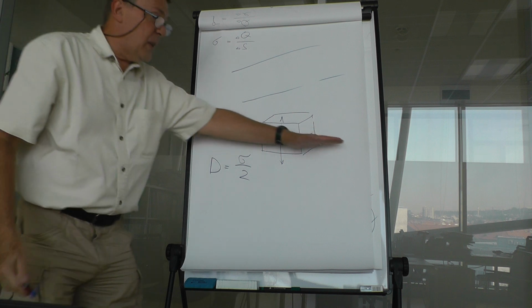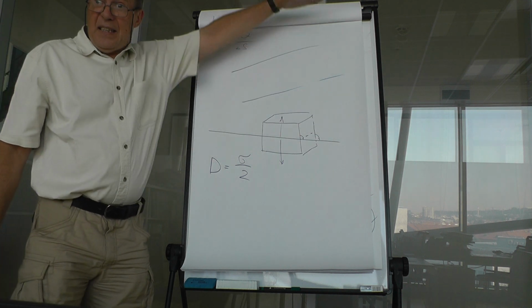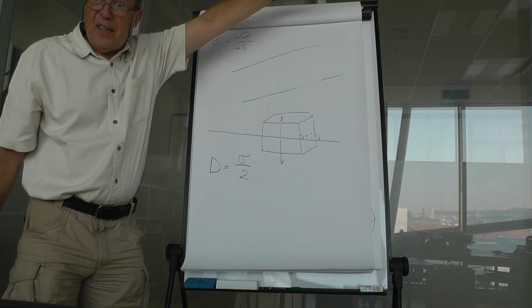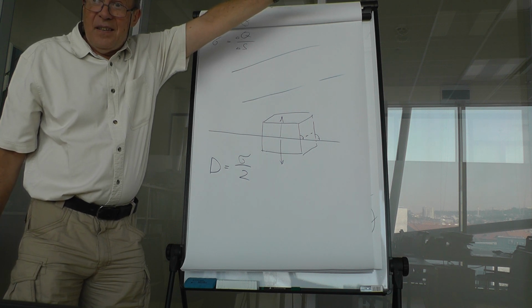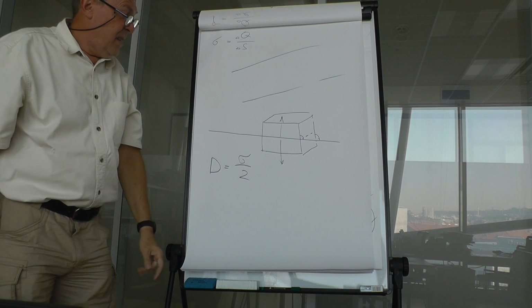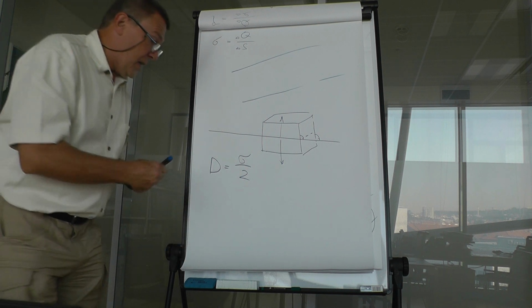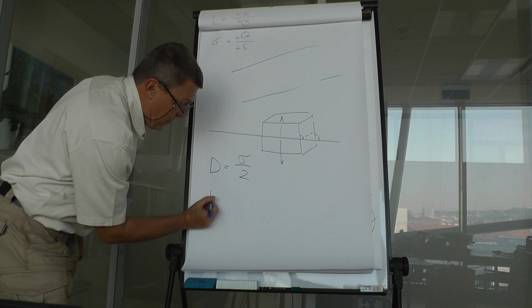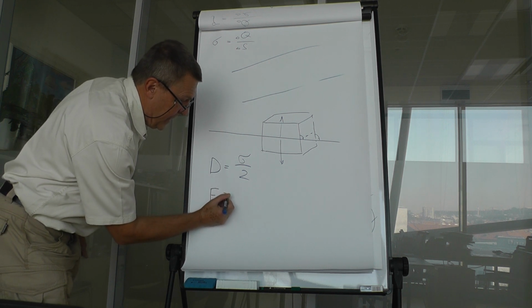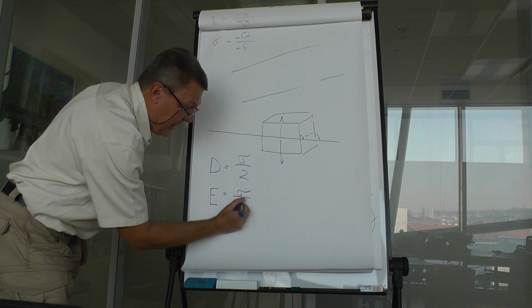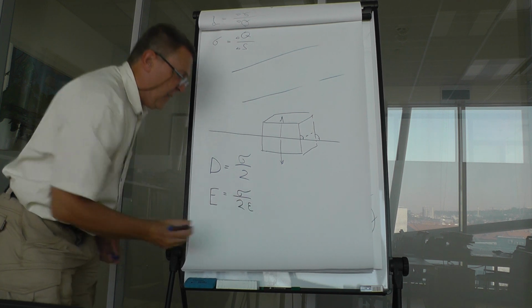So within this universe, the flux density is constant, does not depend on the location. Well, and the field strength E is then just the flux density divided by permittivity.